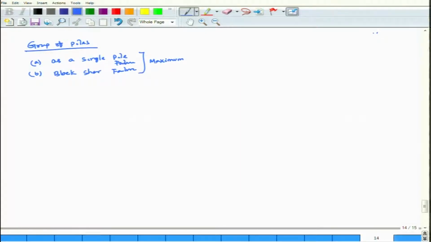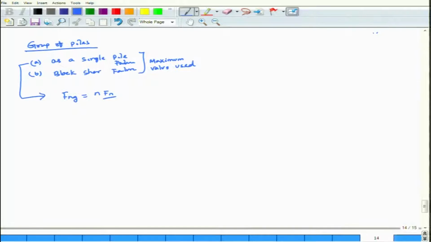The maximum value is used. So, considering single pile failure, F ng is equal to n into F n. F n is the negative skin friction for a single pile. In a group, n is the number of piles, suppose 3 or 4.